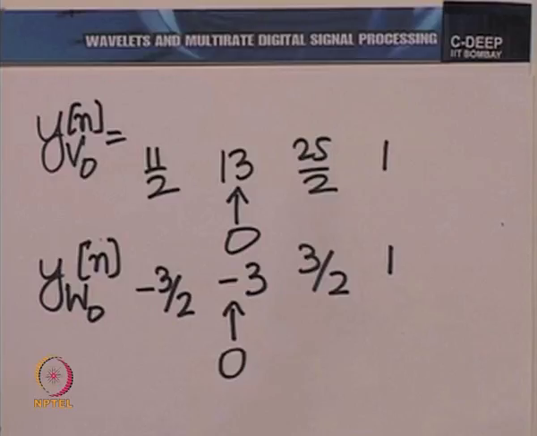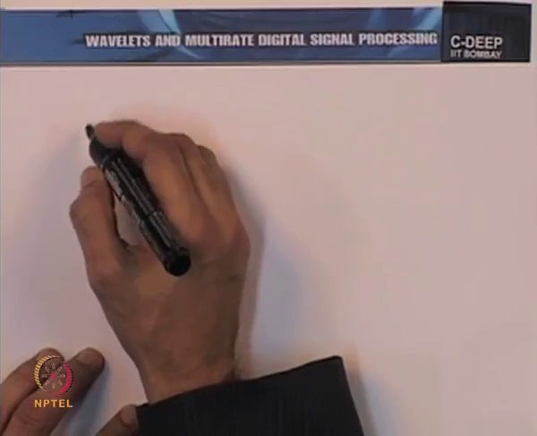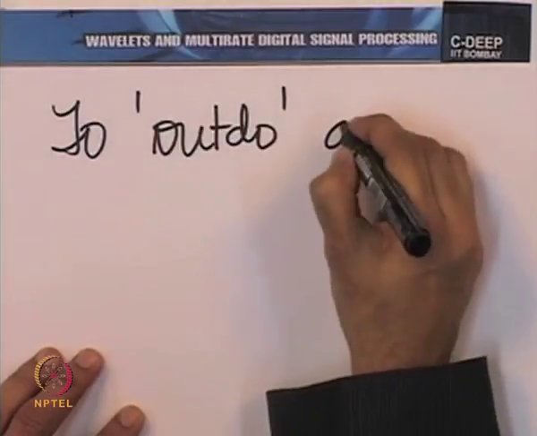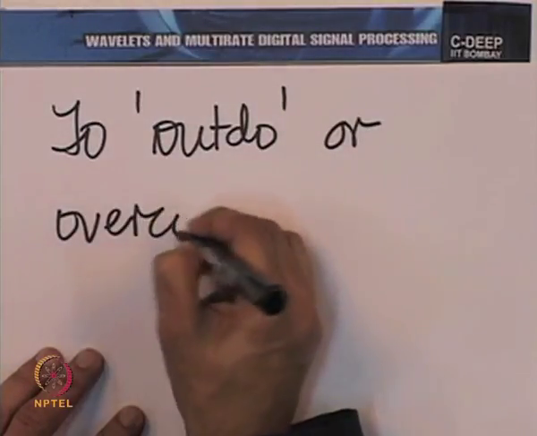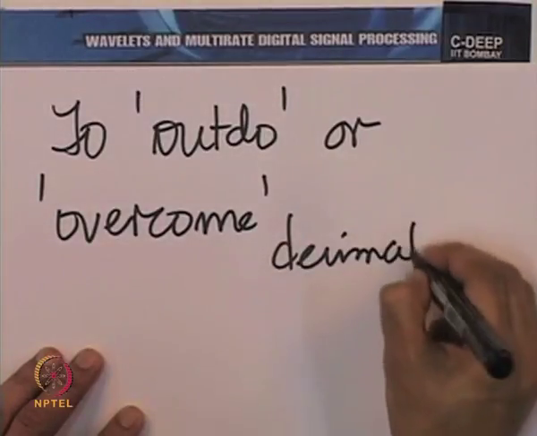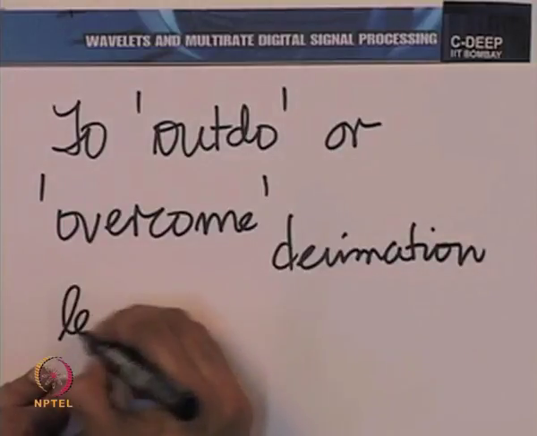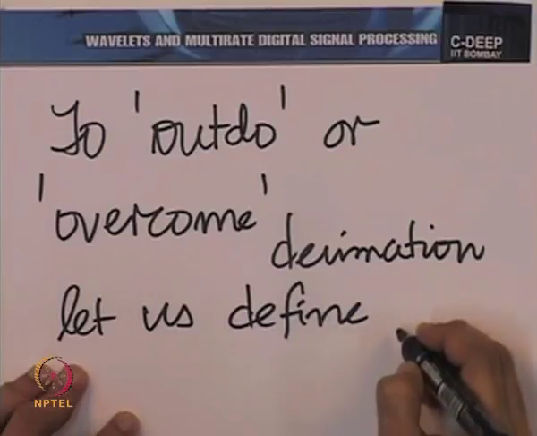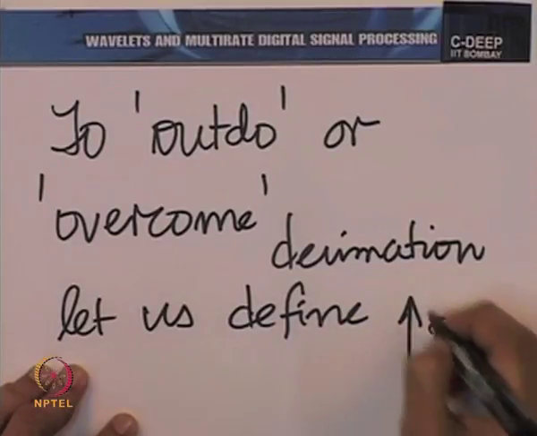So, let us first carry out what is called a process of interpolation or upsampling. Now, let us define, with the intent of outdoing the operator of decimation, to outdo or overcome decimation, an operator which we shall denote by up and to.